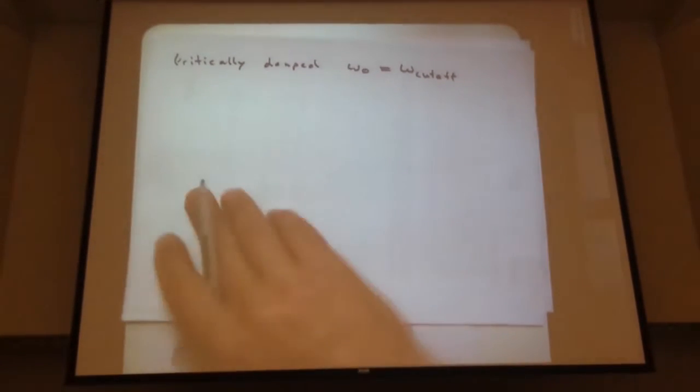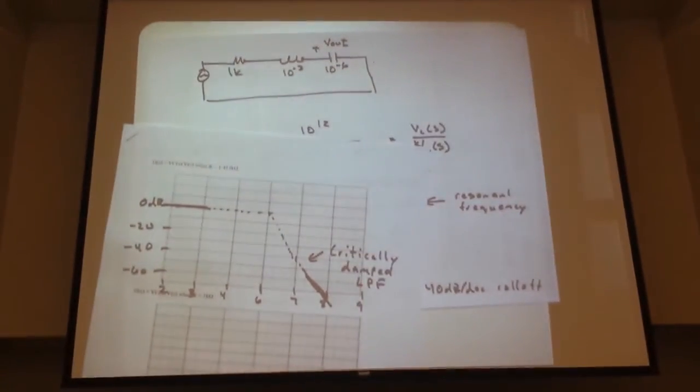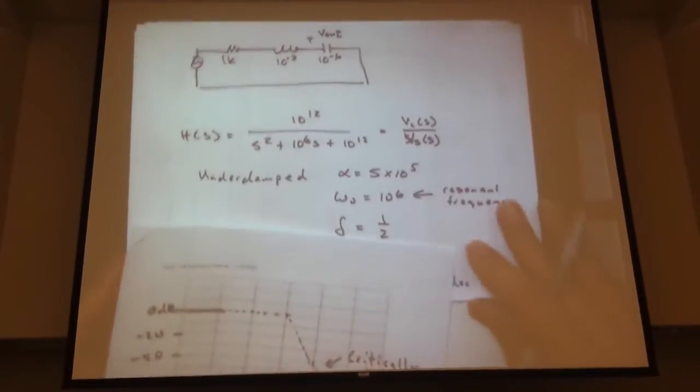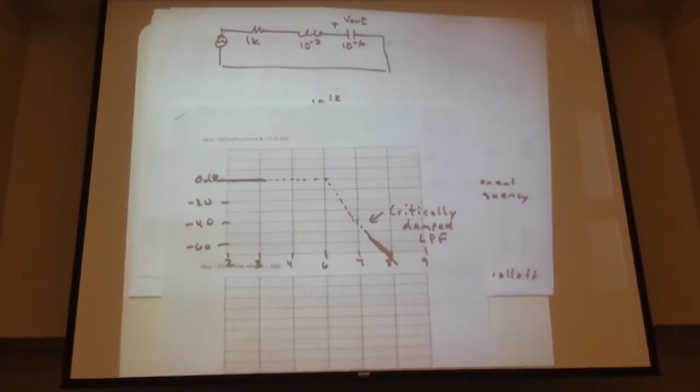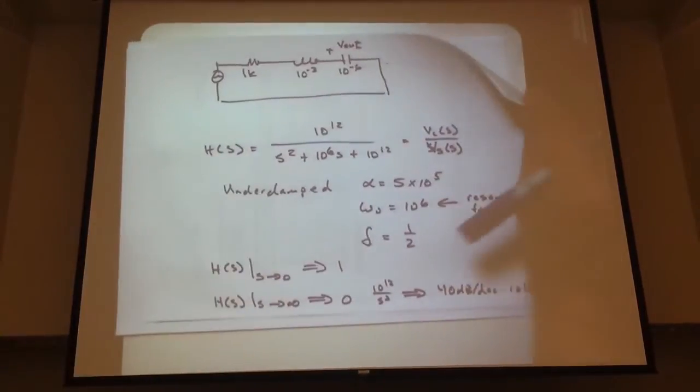A little side note there. Well, as I look at the underdamped case, I still work with that omega naught, I still work with that resonant frequency. And so at that point, at omega naught, we can actually evaluate our function quickly.